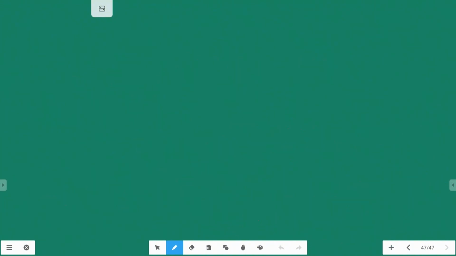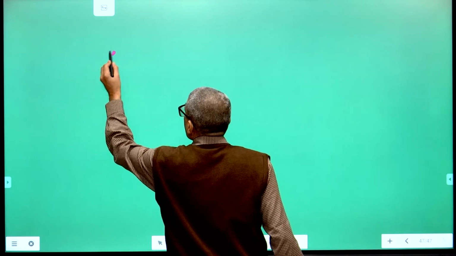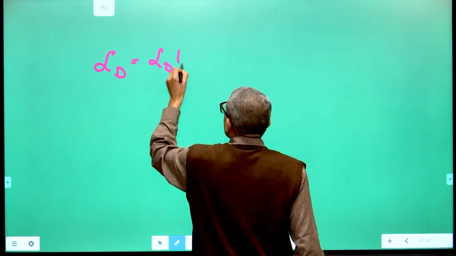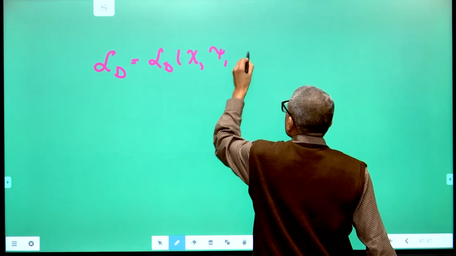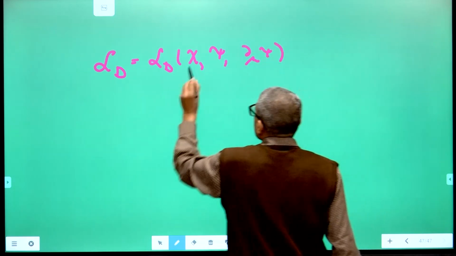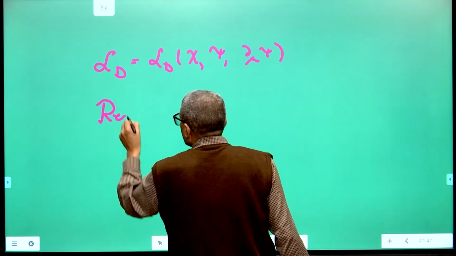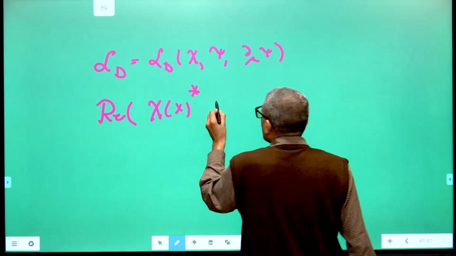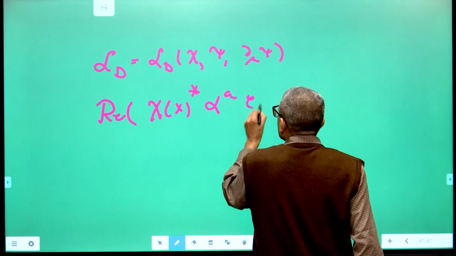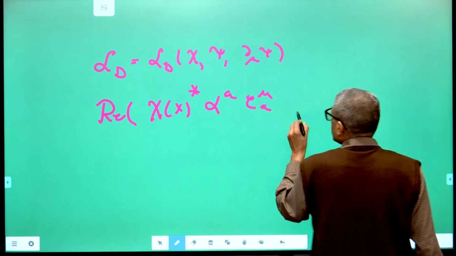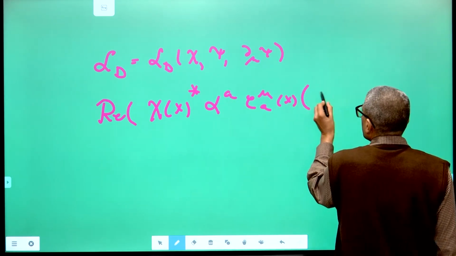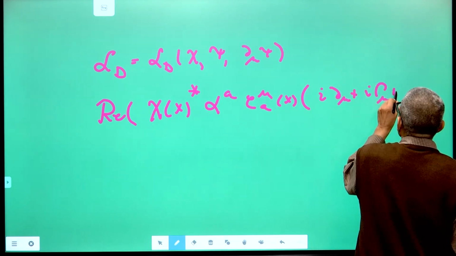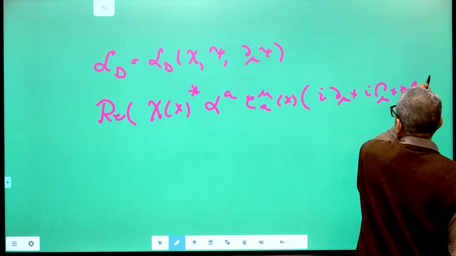So let us write it down neatly here. The action function for the Dirac field, the Lagrangian for the Dirac field, is a function of chi, psi and dou mu psi. Chi is an auxiliary field, the real part of chi star alpha A E mu A. E mu A is a function of x, that is the tetrad, into i dou mu plus i gamma mu plus E A mu of x.